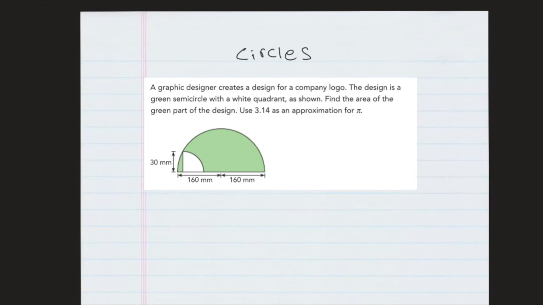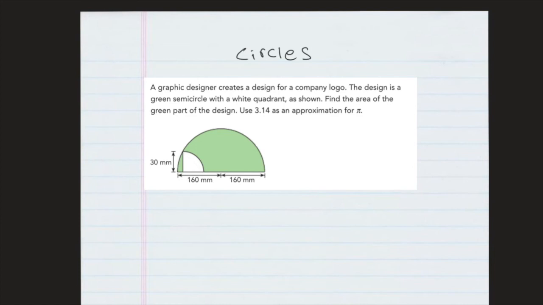So what we're going to do is take the shape of the full semicircle, okay? And then we're going to subtract the shape of the quadrant, because the shape of that quadrant is not colored. You can think of it as on top of something that would be paint, but we don't need paint for that, okay?